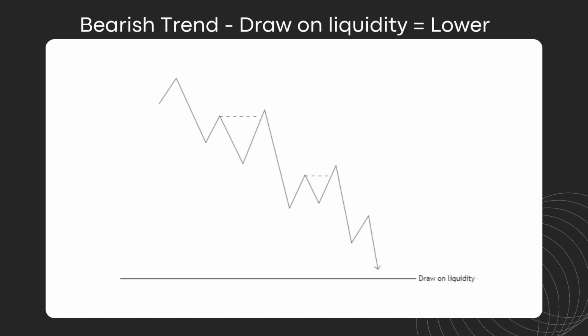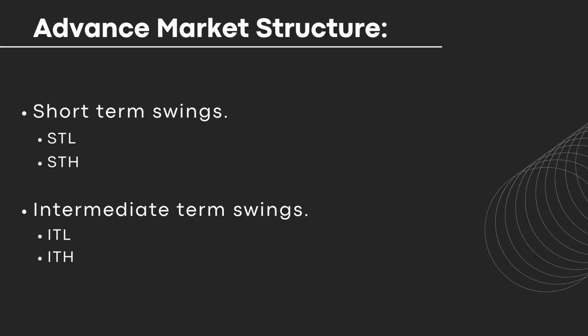Now we're going to move on to the next slide, and we're going to add another filter to market structure, and we're going to make it even more advanced, right? So in basic market structure, we only have highs and lows, and higher highs or higher lows, or lower highs or lower lows, right? But when it comes to advanced market structure, we also include short-term swing points or intermediate-term swing points.